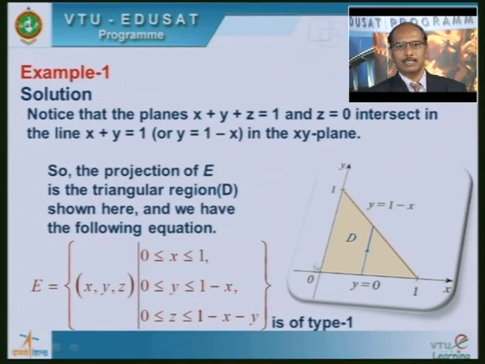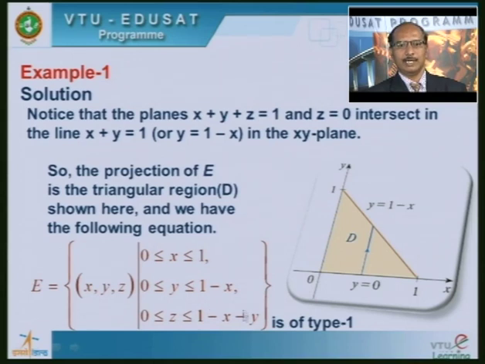If you consider the solid region E as well as this region, this is the common line. They intersect at this line in the xy plane. So, the projection of E is a triangular region, and the integral limits become: x limits are 0 to 1, y limits are 0 to 1 minus x, and z limits are 0 to the plane equation 1 minus x minus y.